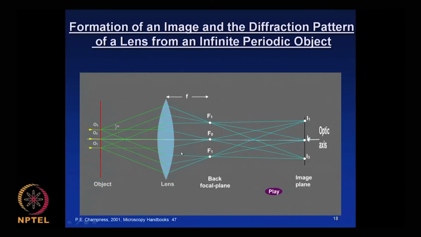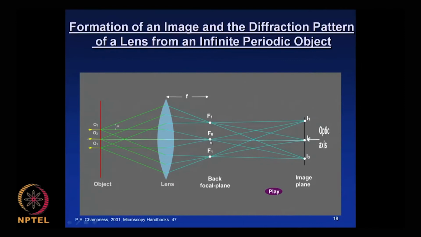And then you have something called the principal focal point, like I mentioned in the earlier slides, and I have not shown the other focal point on the other side of the lens. So, this is a principal focal point. It is a back focal plane. This plane is called the back focal plane.